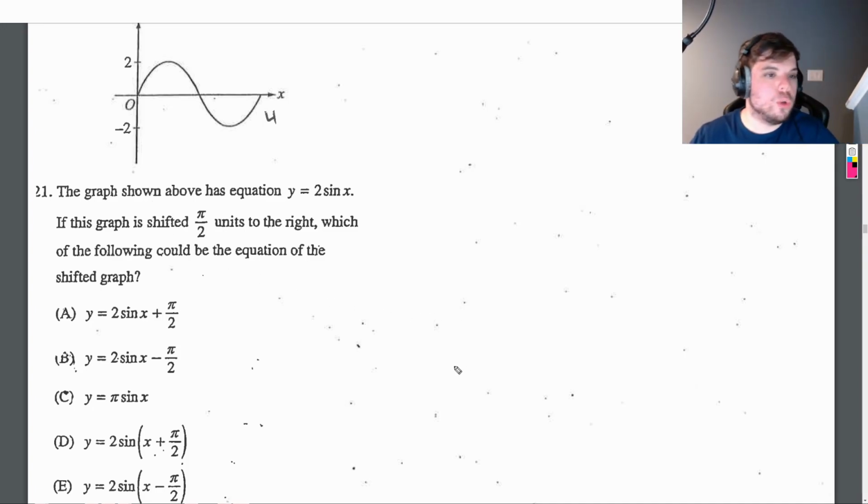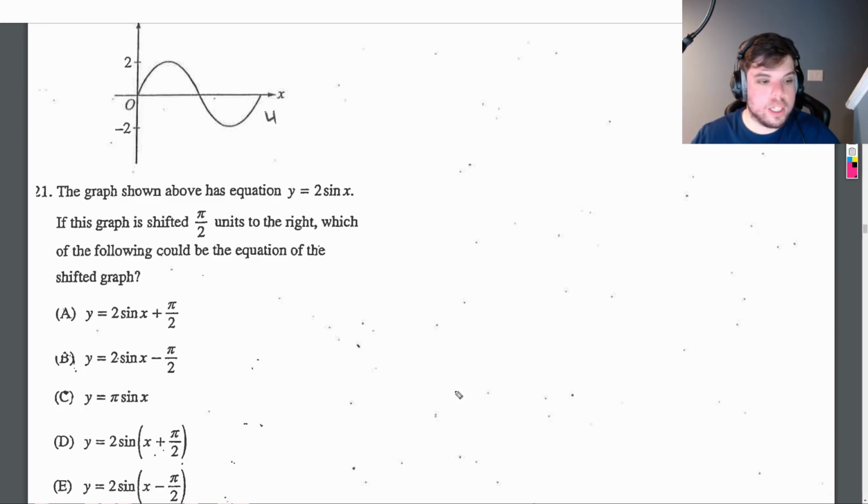The graph shown above has equation y equals 2 sine x. If the graph is shifted pi over 2 units to the right, which of the following could be the equation of the shifted graph? So like I talked about before, we are doing a horizontal shift or horizontal displacement.